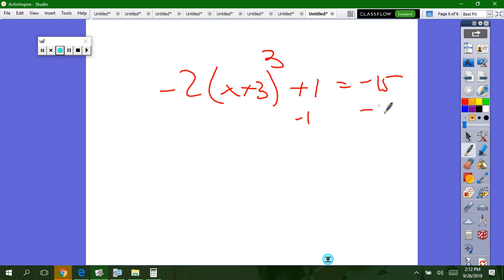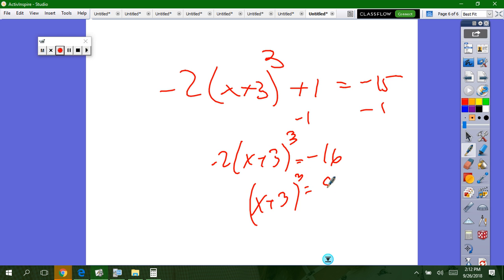So I subtract 1. Divide by 2, negative 2. Take the cube root of 8. What is the cube root of 8? Say again? 2. Do I need a plus or minus? No, why? It's an odd power.